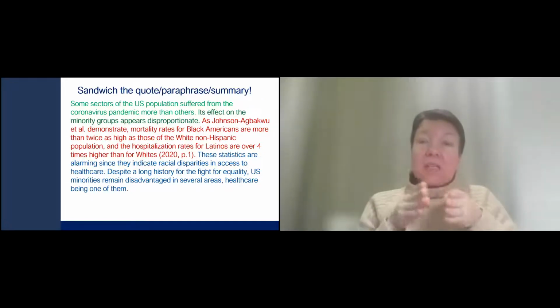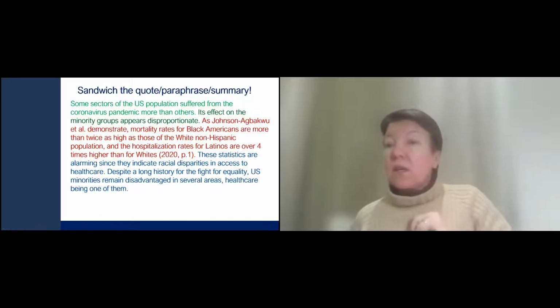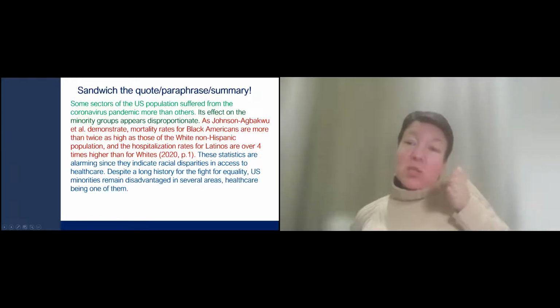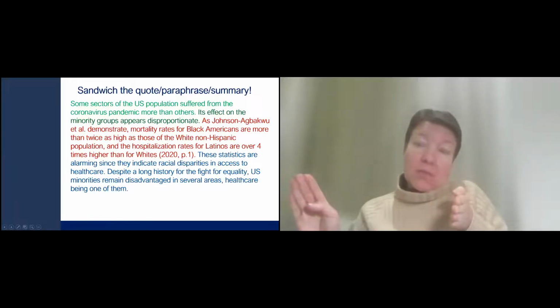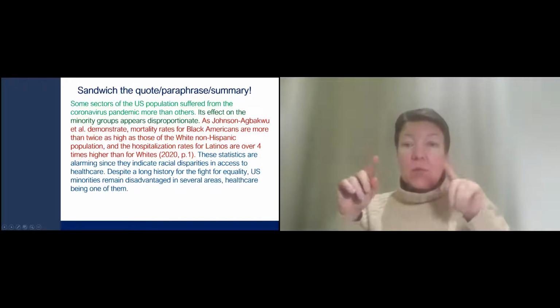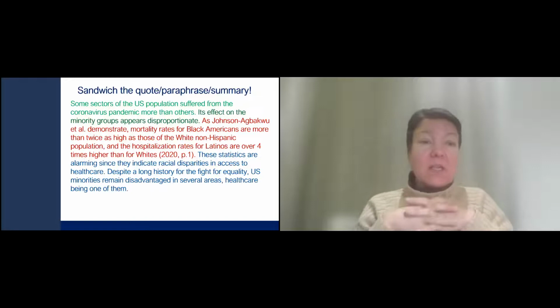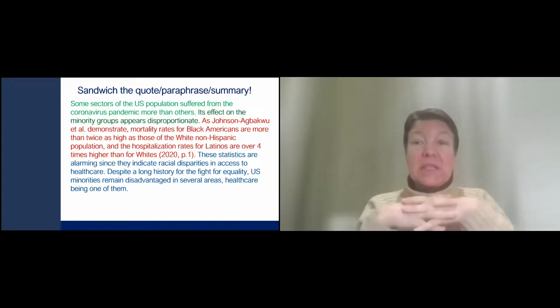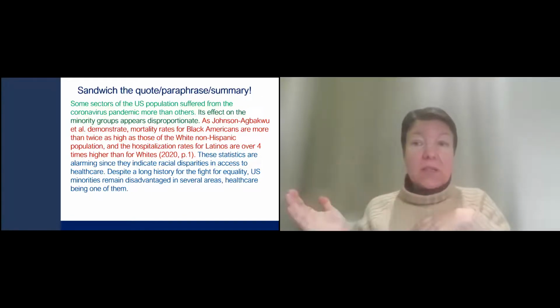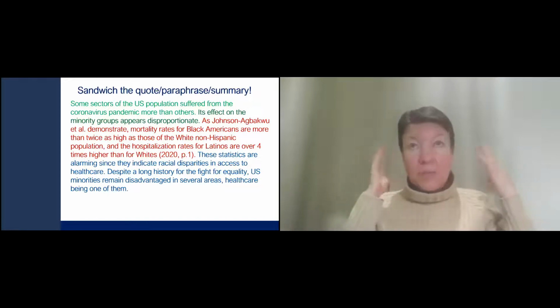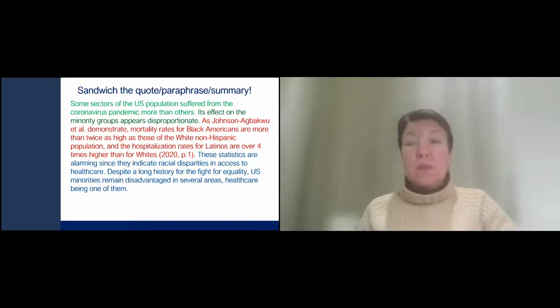You see, 'as Johnson Agbakwu demonstrate' shows where the outside source starts, and parentheses, 2020, page 1, shows where it ends. Everything else, this is mine, right? So I read their article, I processed it, and that's what I got out of it. That's what I think. Okay, all right.